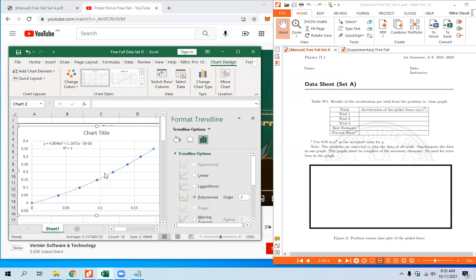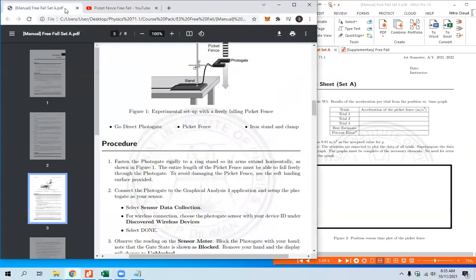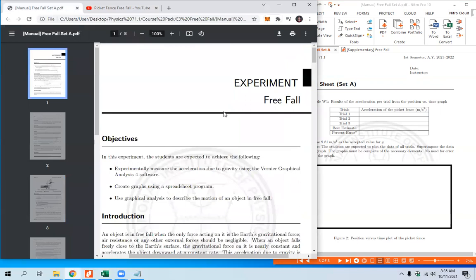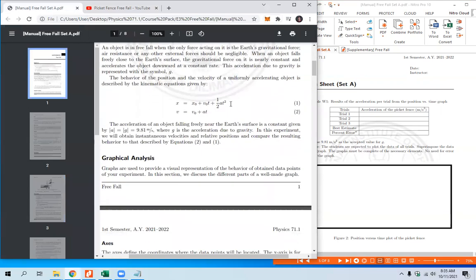So why is this parabolic? Well, if you recall from free fall, let's alt-tab to the manual, the position is described as a function of time by this kinematic equation. So you expect it to be parabolic.